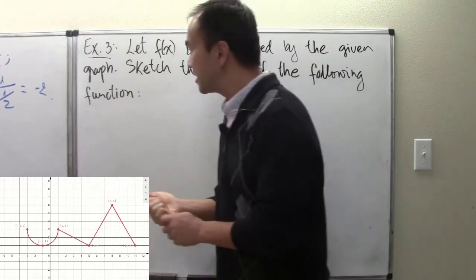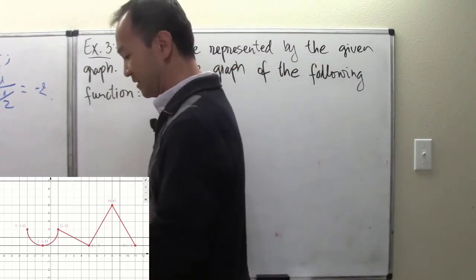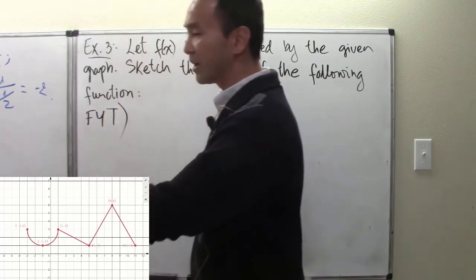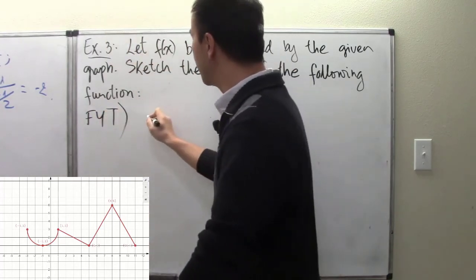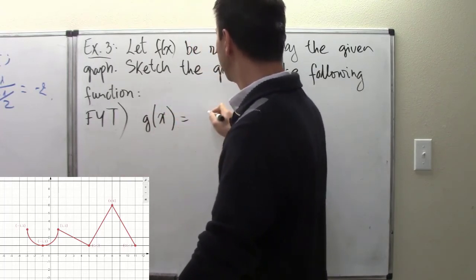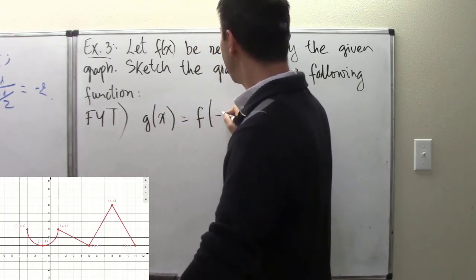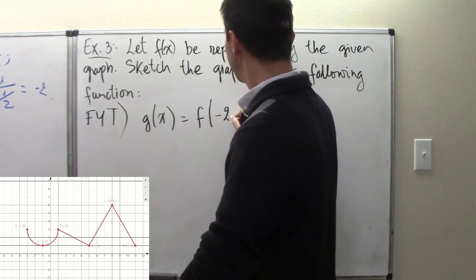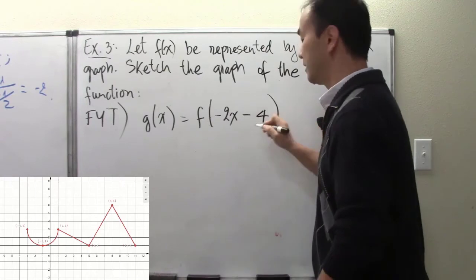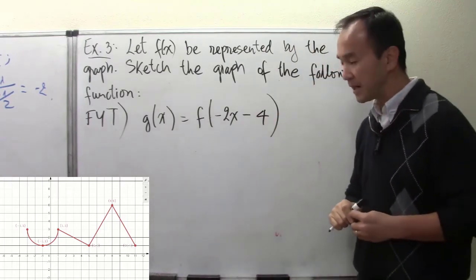So this time, as an FYT for your own trying, I want you to try g of x equals f of minus 2x minus 4. All right, minus 2x minus 4.